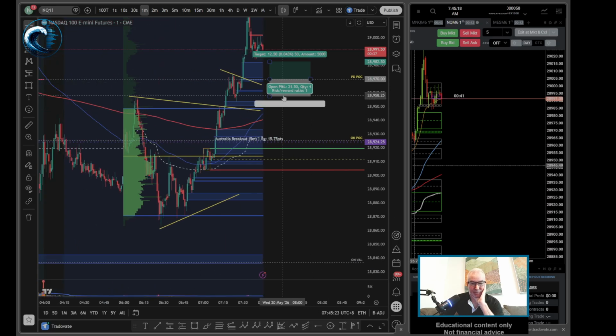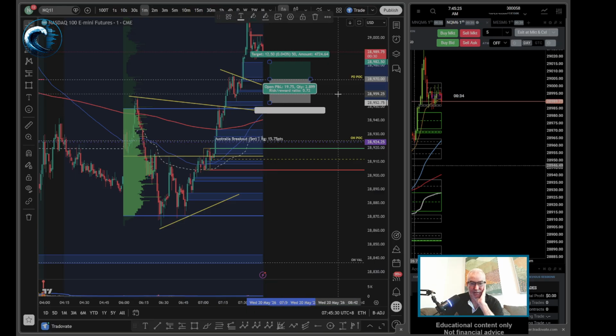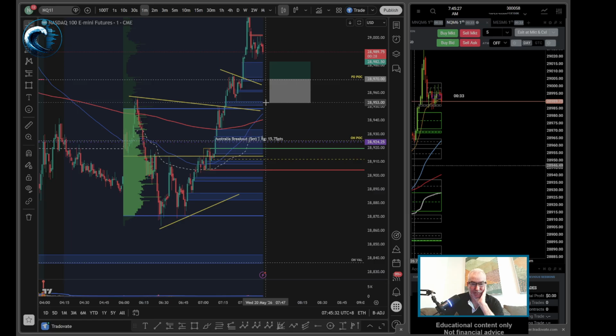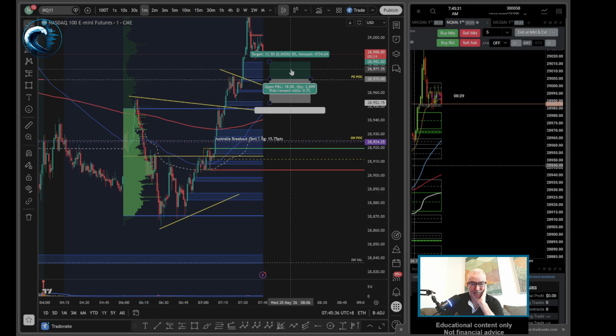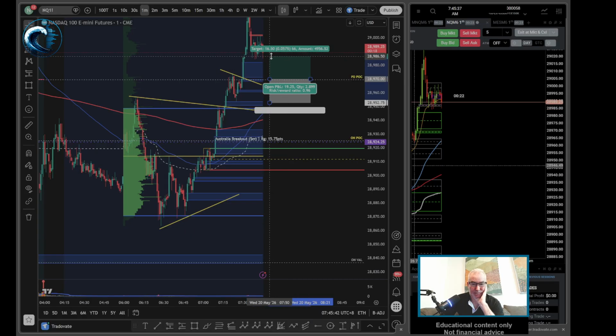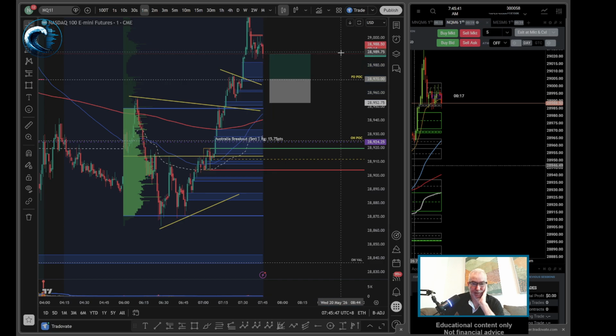My stop loss is in a bit of no man's land there. To be honest, I probably prefer to have my stop loss there, just got that little buffer. So maybe I have to target a bit more, back into there, maybe.